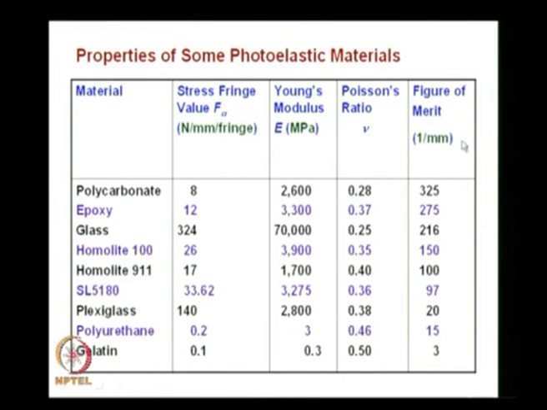And figure of merit is listed here, it varies from 325 to 3, and if you look at gelatin, it is a very nice candidate when you want to analyze the effect of body forces. If you are really looking at civil engineering construction, they use gelatin and make models out of it and bring in the body force component in the analysis.